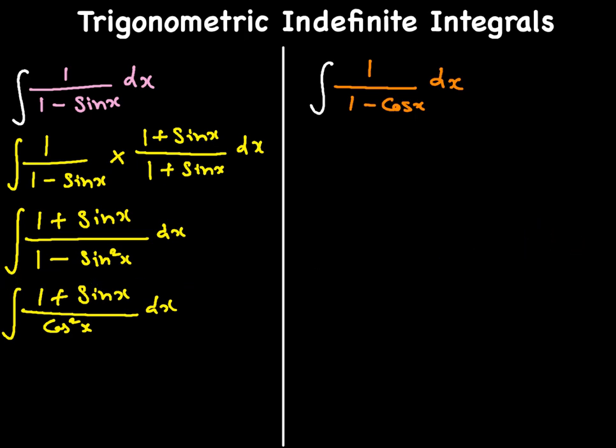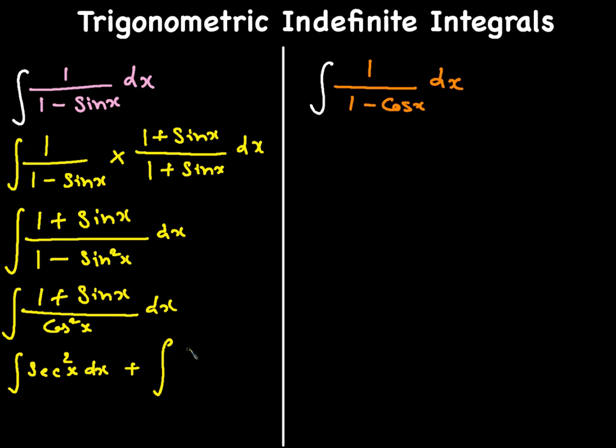All right, and now this part we're gonna break it down. 1 over cos square x is secant square x, since 1 over cos is secant, and I'm breaking it down, plus sine x over cos square x.